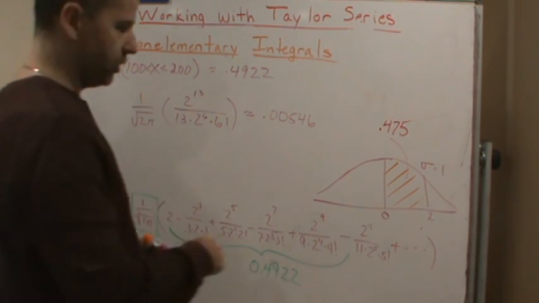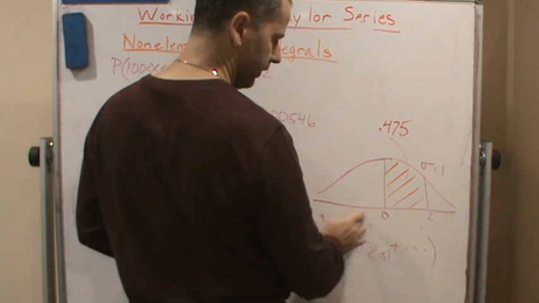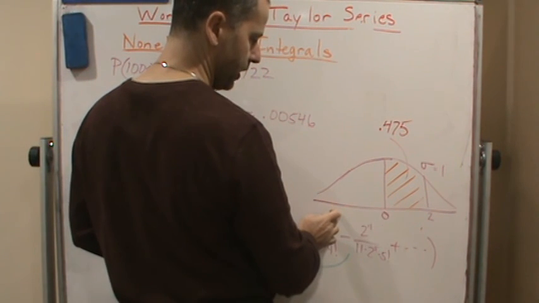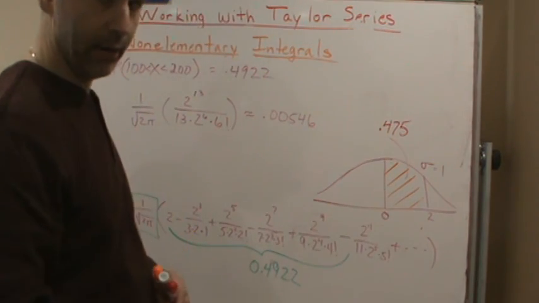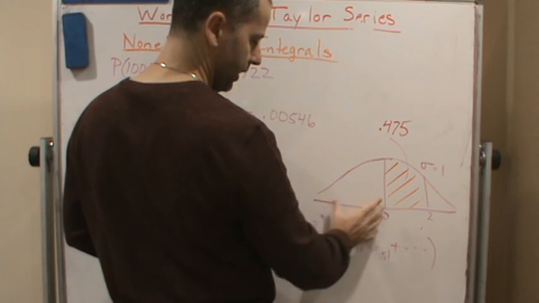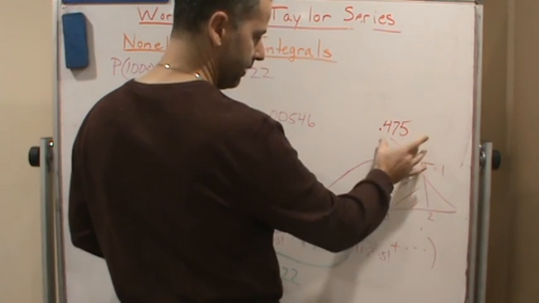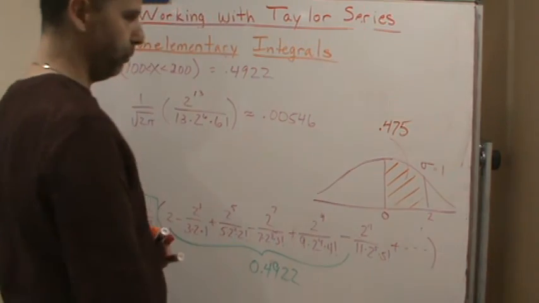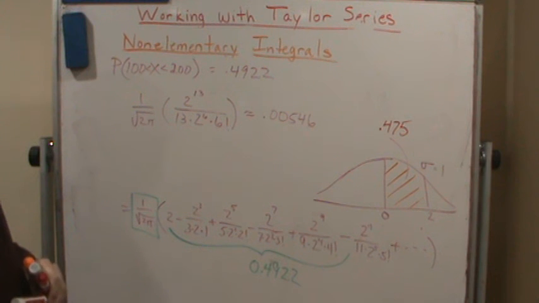Because the empirical rule says the probability of being within 2 standard deviations is 0.95. So if we take half of that, because it's bell-shaped and symmetric, half of 0.95 gives us 0.475.